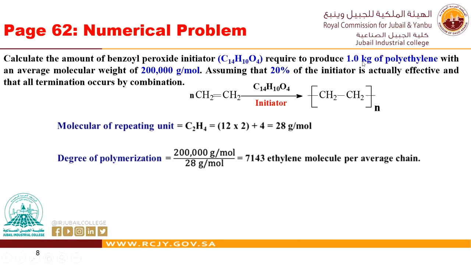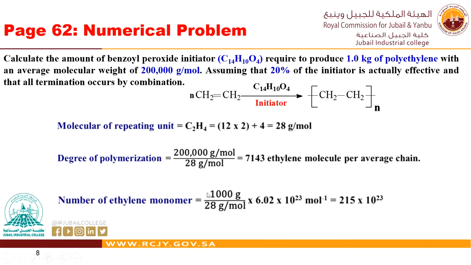So we convert this kg into grams. We take 1,000 grams, divide by 28, which is the molecular weight of ethylene, and multiply by Avogadro's constant. In general chemistry, we say 1 mole of any substance contains this number of what? Units, 6.02 times 10 to the power 23. So we multiply the moles by 6.02.